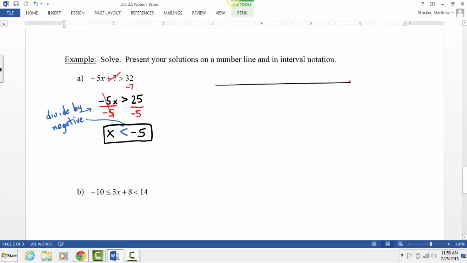Okay, if I draw that on the number line, negative 5, less than, that's an open circle. And I'm going to shade to the left. So this is approaching negative infinity over here. So when I go to write in interval notation, left to right, that's going to be negative infinity to negative 5, parenthesis or bracket with infinity, negative infinity, parenthesis, and because that's an open circle, parenthesis.